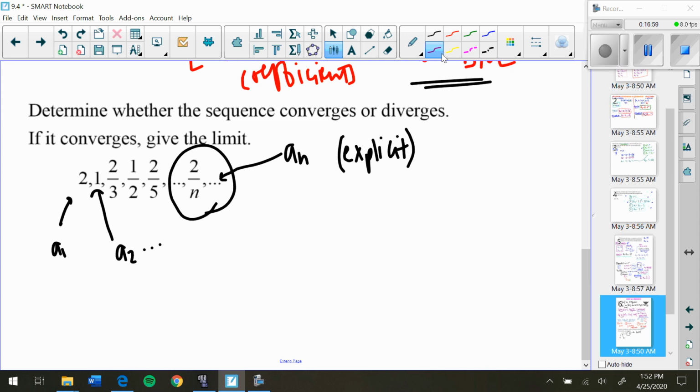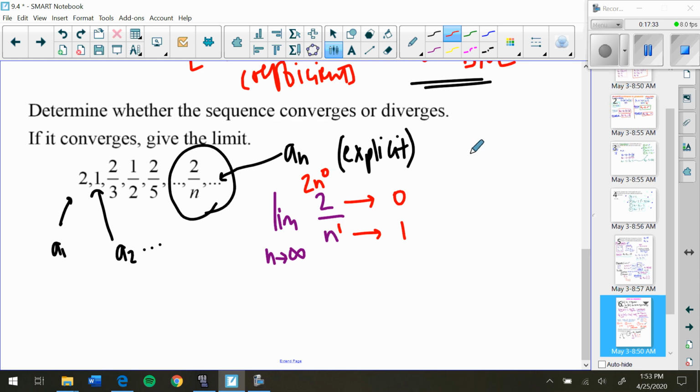Also, we notice it doesn't have that same model of our arithmetic and geometric. That's okay. Not every sequence is going to be arithmetic or geometric. So if we consider the limit as n approaches infinity of the function 2 over n, well, n in this case is really just the variable. So this would be a first degree. This would be a 0 degree, so we could really write it as 2 times n to the 0 power, right?